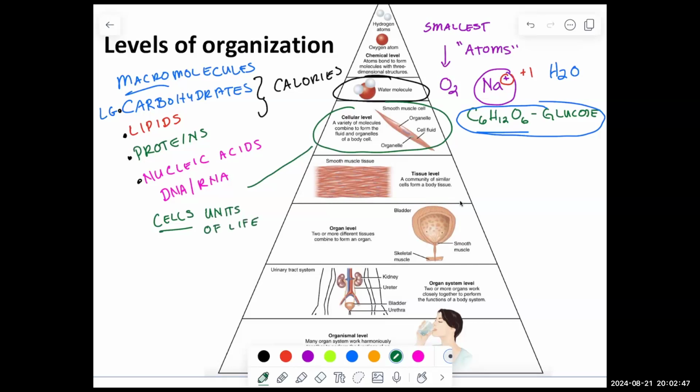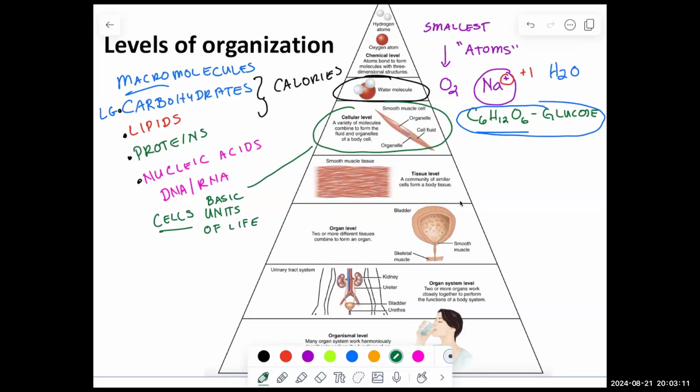Okay. Cells. What type of cells are you familiar with? What type of cells do we have in our body that people investigate, people study, people measure? RBCs, red blood cells, white blood cells, right? Platelets. Those are all different types of cells. What other type of cells do people like to study, look at?